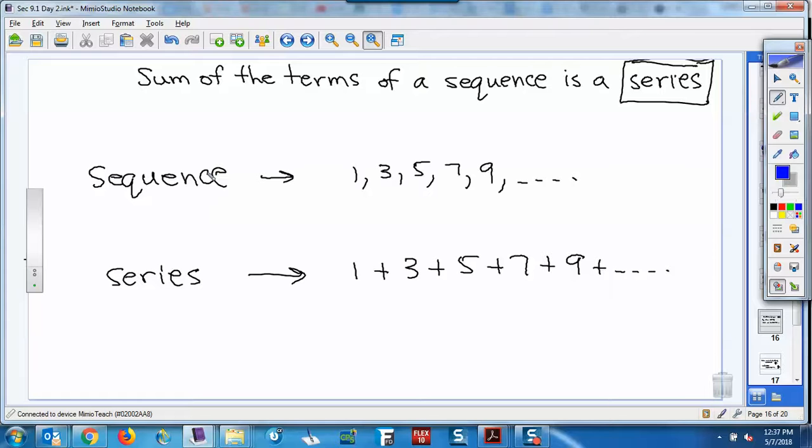Basically a series is just summing a sequence. So finding the nth term of a series is the same as finding the nth term of a sequence. The only difference is what's in between them. Sequence, you have commas in between the terms. Series, we put plus signs in between because we're wanting to add them up. Okay? Sequence versus series.